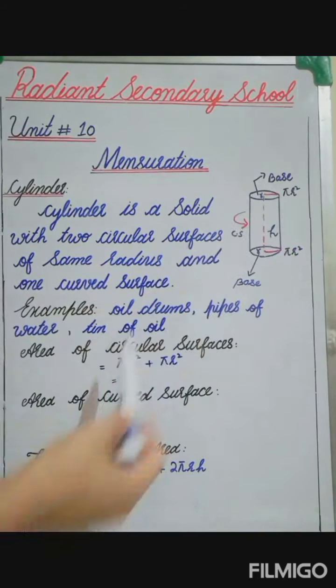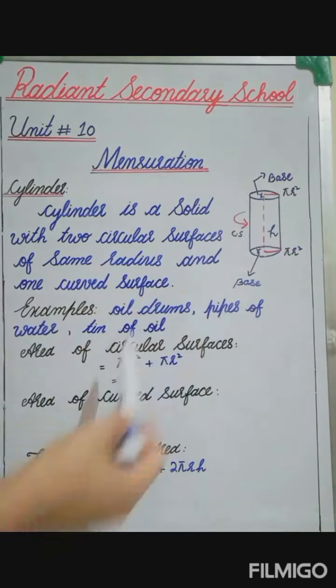So firstly we have to find out area of curved surface by using this formula 2 pi r h. Now putting the values in this formula, 2 as it is. You have already learned in the previous exercise the value of pi is 22 by 7. And radius is given in this question, that is 21 cm, and height is also given, that is 50 cm. Now cutting is possible.